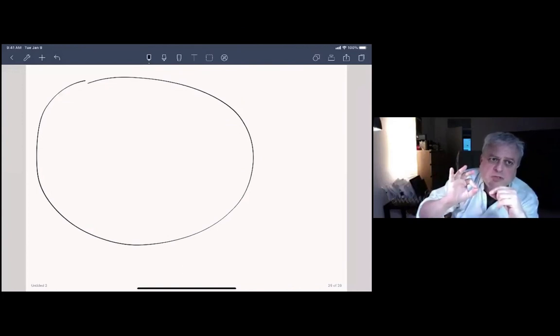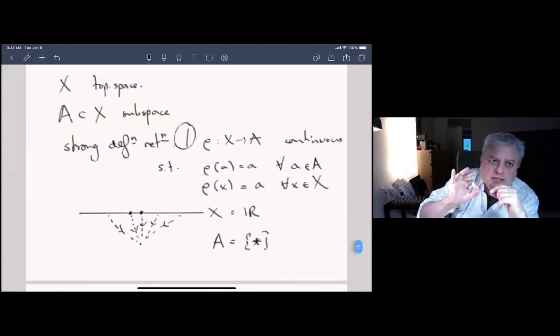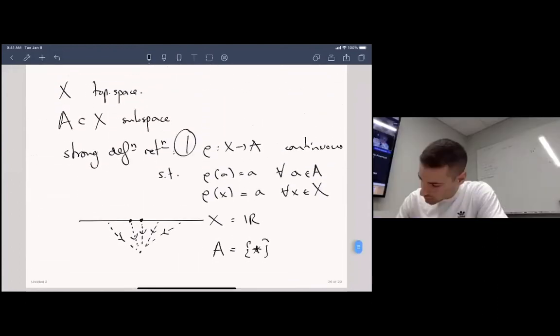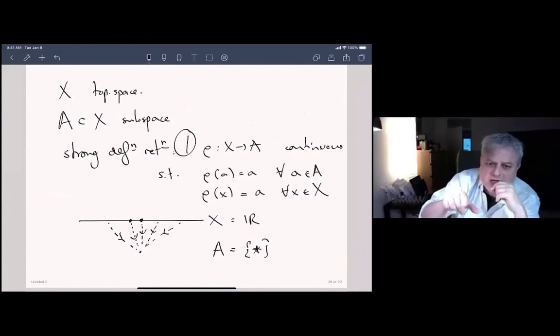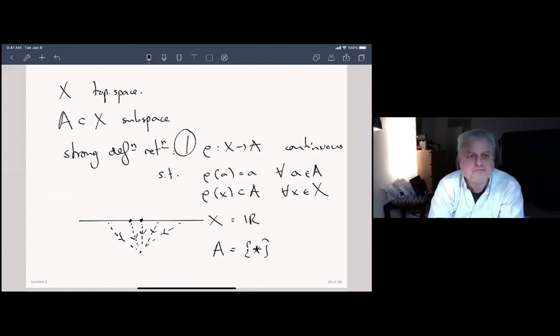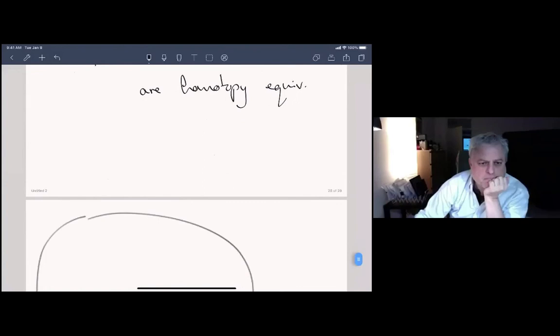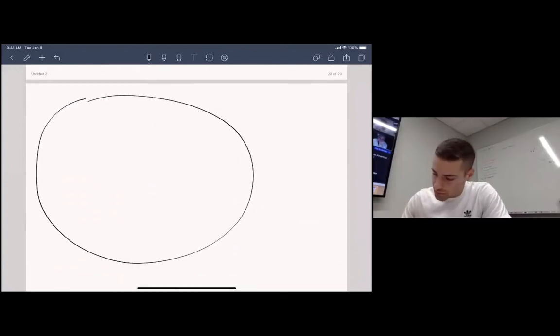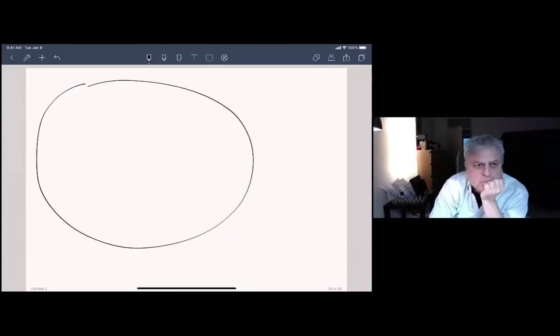That wasn't what happened with R^(n+1) and the n-sphere. No. You say r of x equals a for all x in X, and r of a equals a. Sorry, that was a typo. Okay, thank you. Thank you for pointing out the typo, Eric.